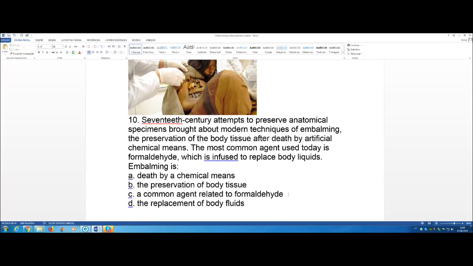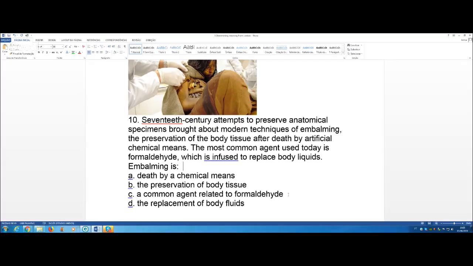Remember the techniques. You have to look for the clause, the appositive, the reference. I think it's C: common agent related to formaldehyde. One more tip. The word embalming is a noun.